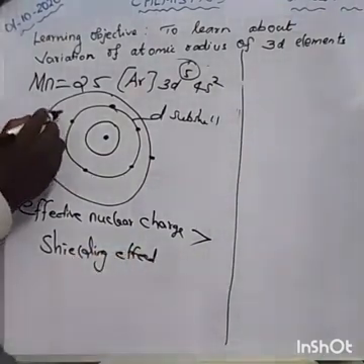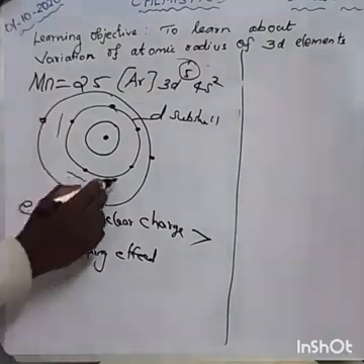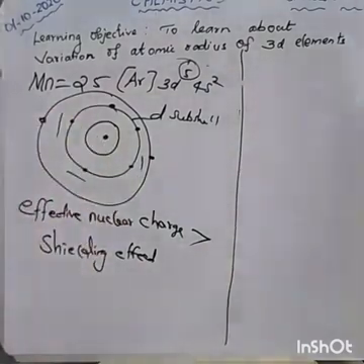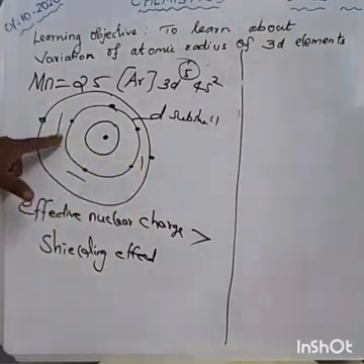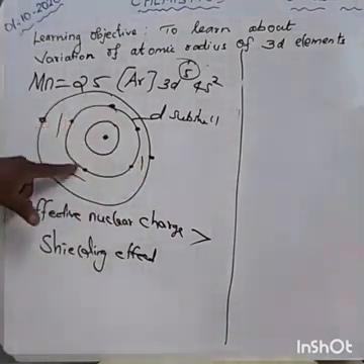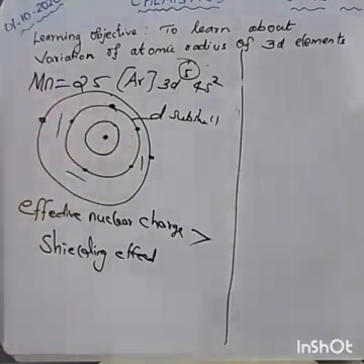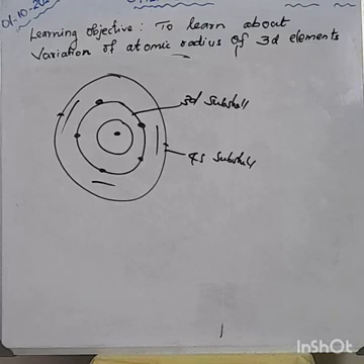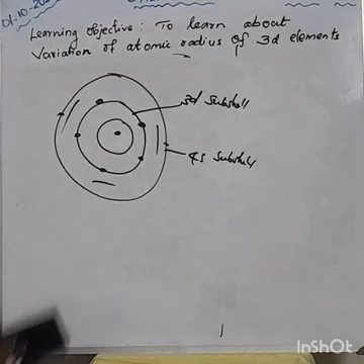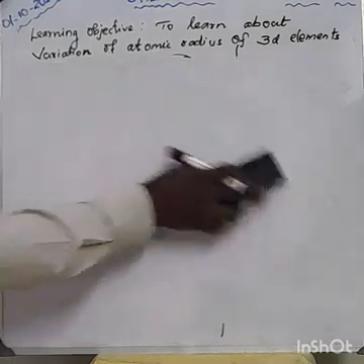The effective nuclear charge is greater than the shielding effect. Clear? Because the outermost has only how many electrons? 2 electrons. Here the innermost, how many electrons? 1, 2, 3, 4, 5. This subshell has 5 electrons. Okay, clear? And also, what happens to the size? The size decreases.